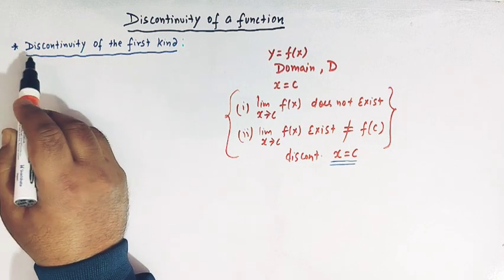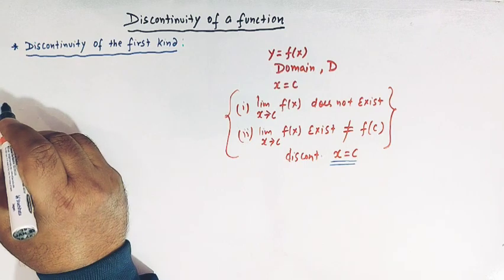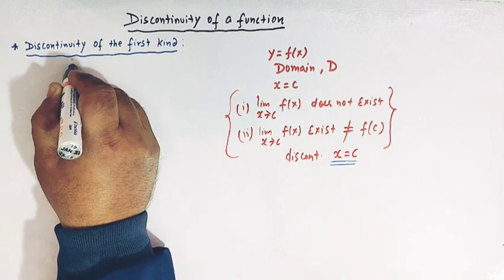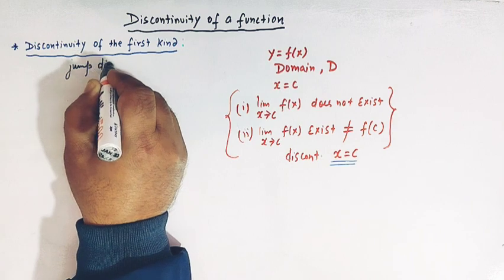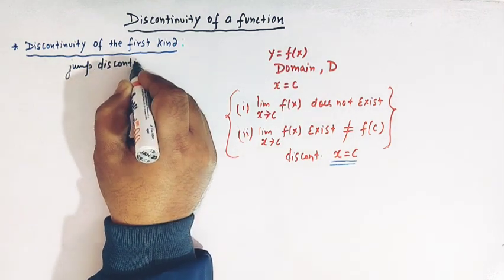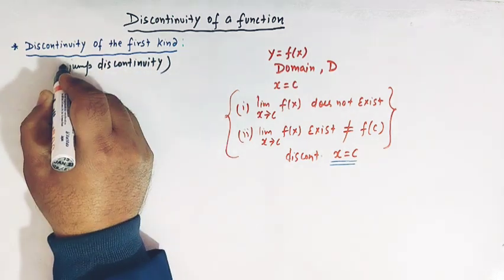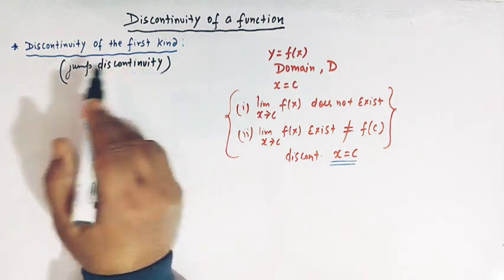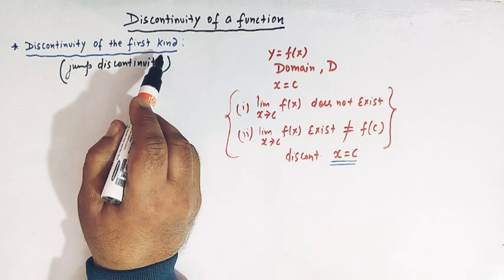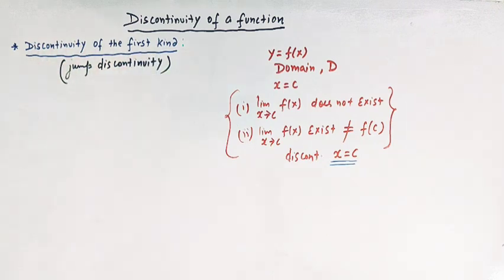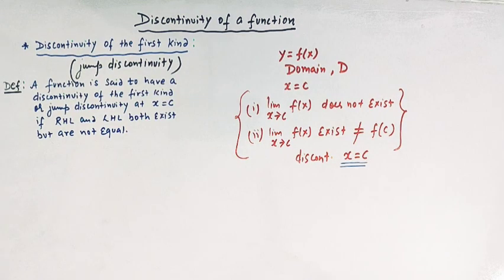Sometimes the discontinuity of the first kind is also known as the jump discontinuity. Here we'll discuss the definition of the jump discontinuity, and we'll also see an example where a function is said to have the discontinuity of the first kind or the jump discontinuity.